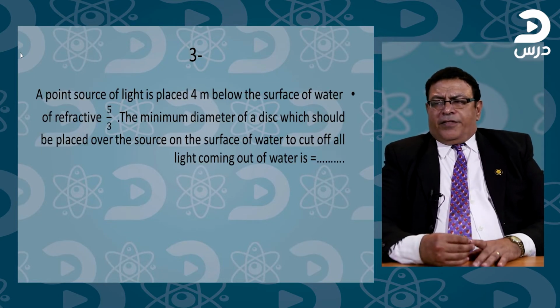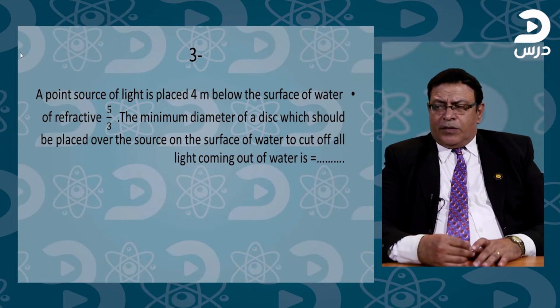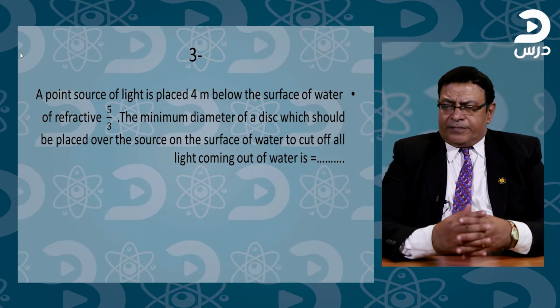Problem number 3. A point source of light is placed 4 meters below the surface of a liquid of refractive index 5/3.